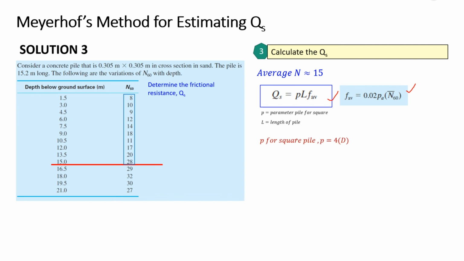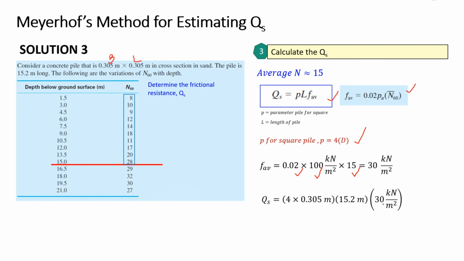Again, this is a square pile, so B is similar to the L size. We can get the parameter by 4 times D, and then you can get the average friction. This is the 0.02, this is the atmospheric pressure P, and this is the N average.